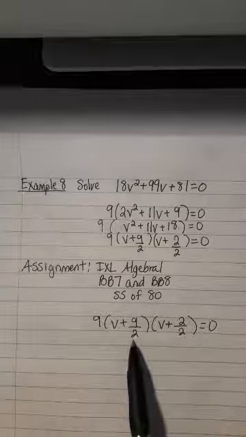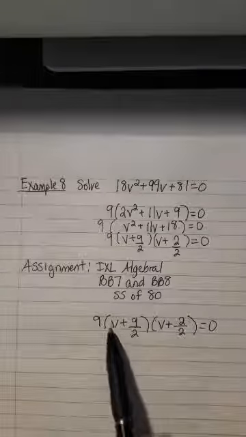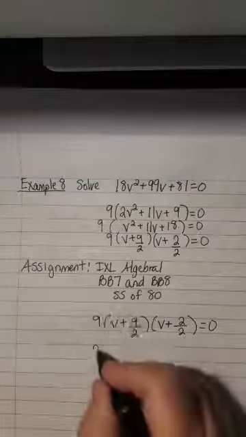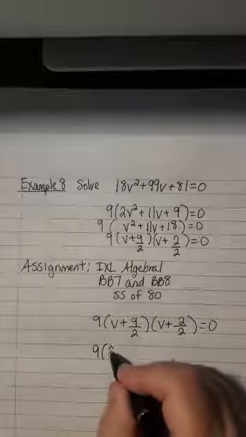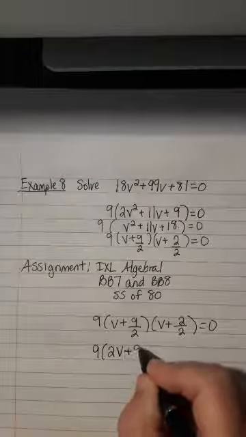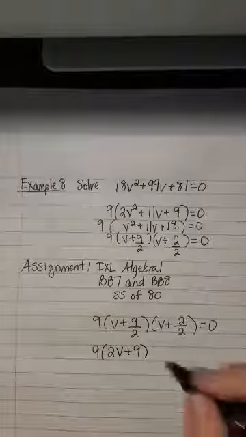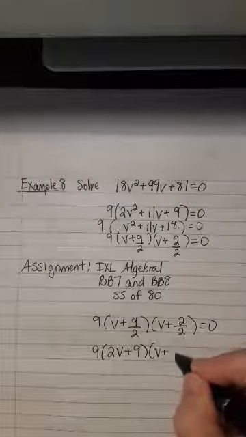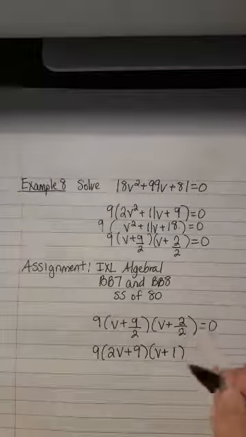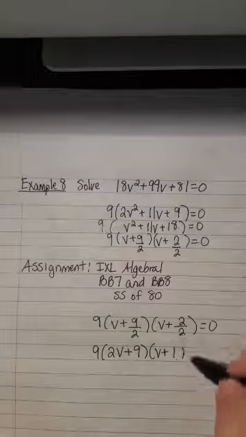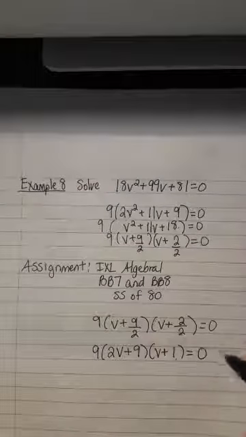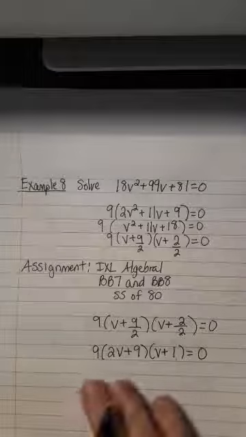If it doesn't simplify, remember you move the bottom number up to the front. So that's going to be 9 parentheses 2v plus 9 and then v plus 1 because 2 over 2 equals 1, equals 0.